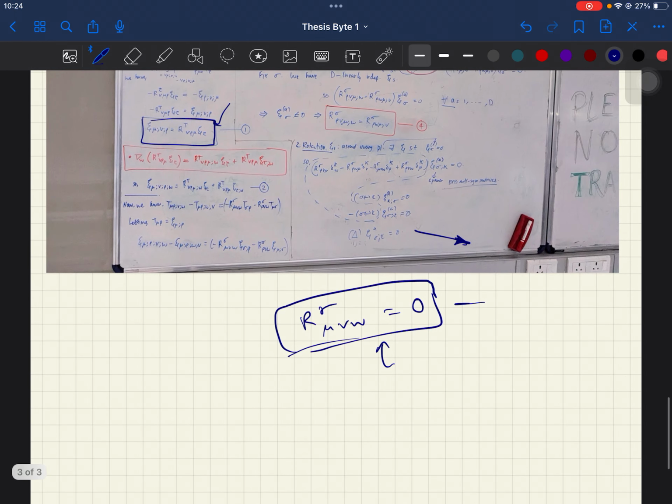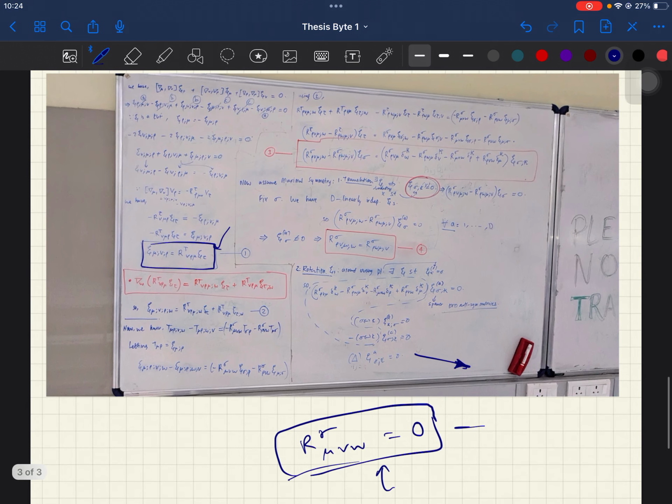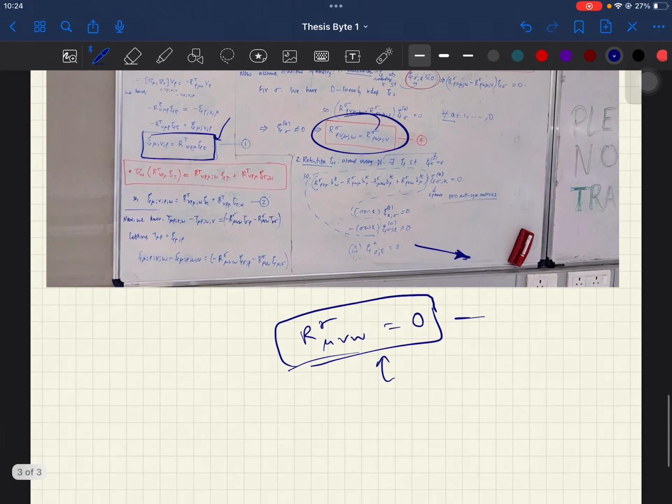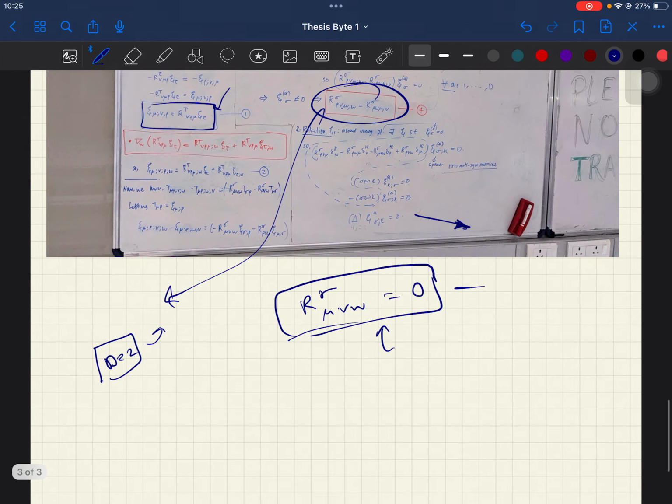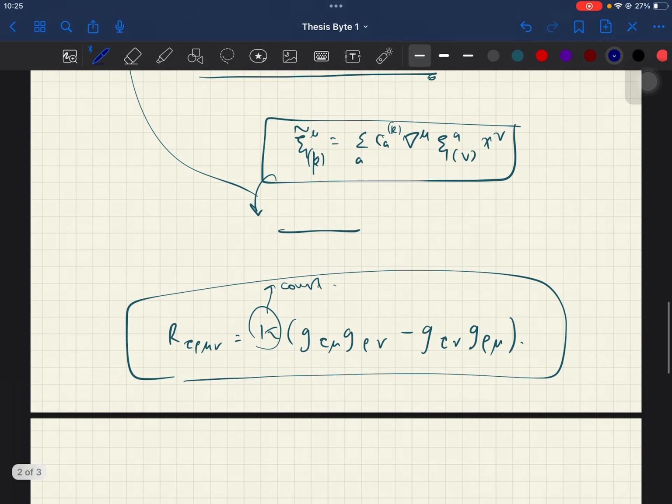You just simplify this. You deal with the special case of d equals 2 using this condition, and also other conditions perhaps. For d equals 2, you can deal with it using special properties like this, and it turns out that this is satisfied, although this k is some r or something.